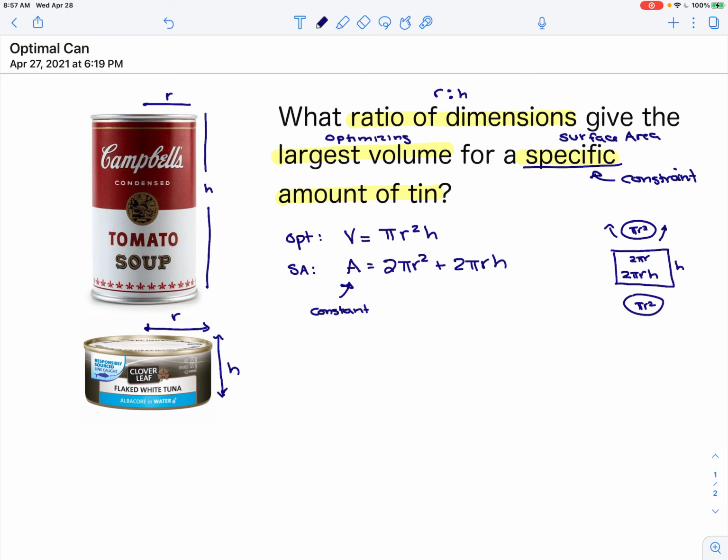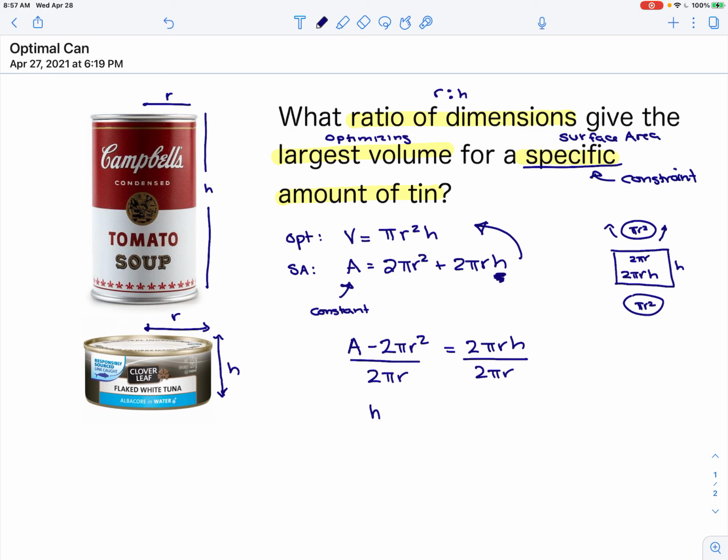Now I want to take the derivative of what I'm optimizing, but I need the constraint to be in the optimization problem, and right now it's not. The easiest thing to solve for is probably h. So I get A minus 2 pi r squared equals 2 pi r h, and then I divide by 2 pi r.